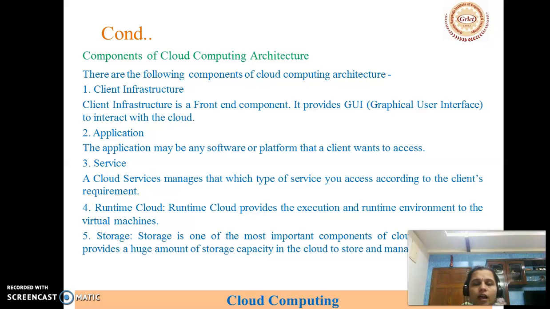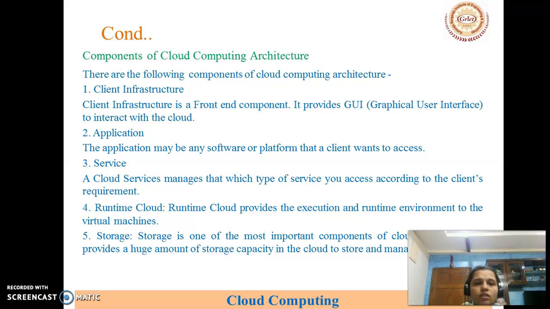The client can access the data through Google Chrome or Internet Explorer or Mozilla Firefox like that. Right. So first one is the client infrastructure. The client infrastructure is a front end component. It provides a GUI, that is a graphical user interface, to interact with the cloud. That's the reason we call the client front end an application oriented component.